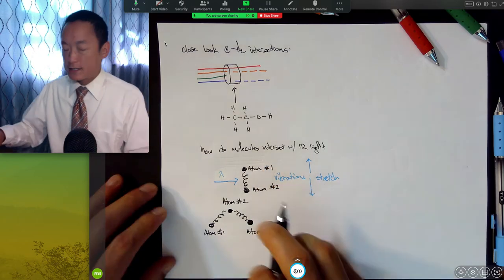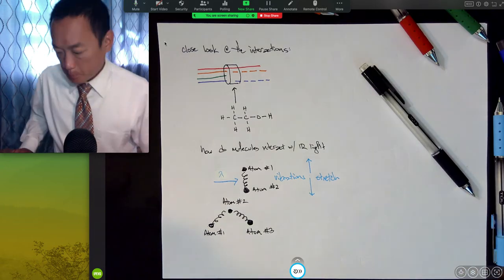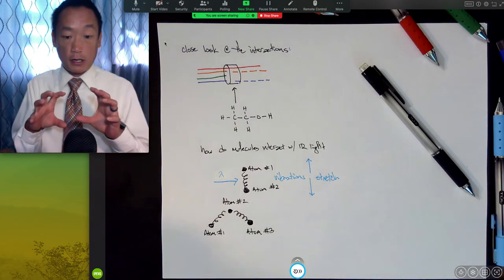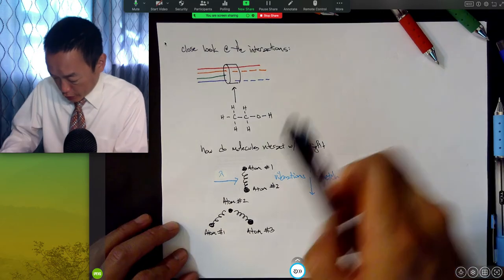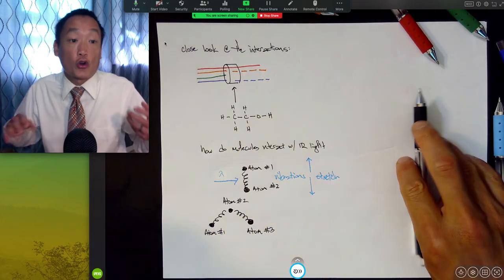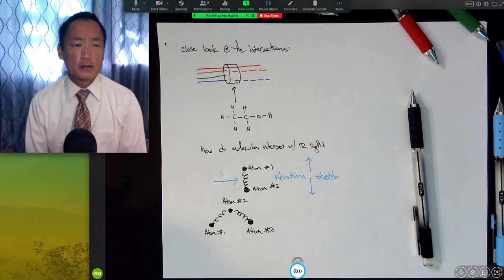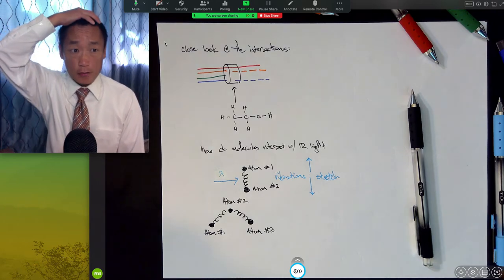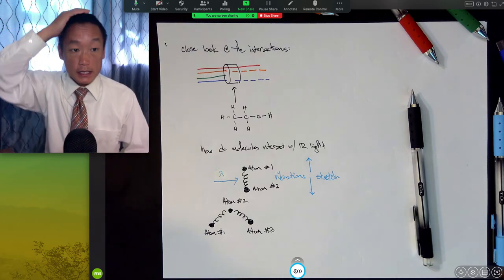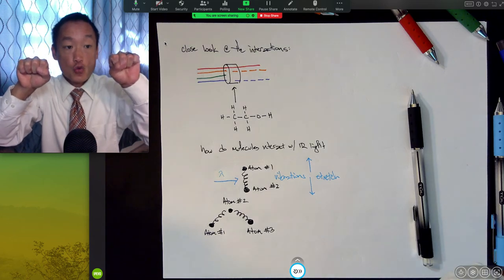What are the ways then, when these energies hit these molecules, that they can make the molecule or the bond start to move? It turns out, and I'm going to use my head as an atom right here, and then these hands as the other two atoms.